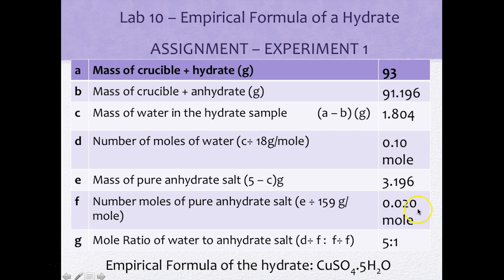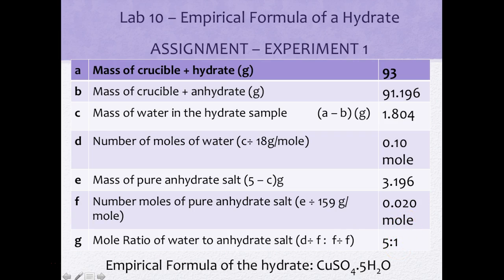So then you look at these two numbers for the moles, and find the lower number. This is 0.020. If you divide 0.020 by 0.020, you get 1. If you divide 0.1 by 0.020, you get 5. That means there are 5 moles of water for every mole of the copper 2 sulfate.